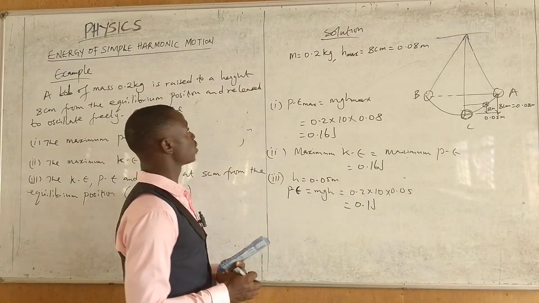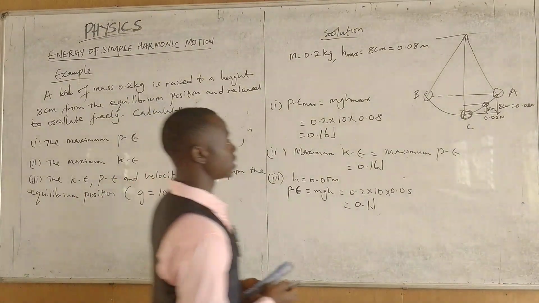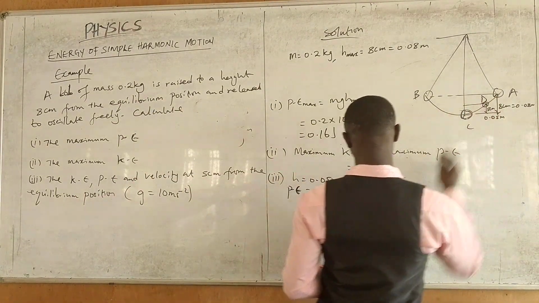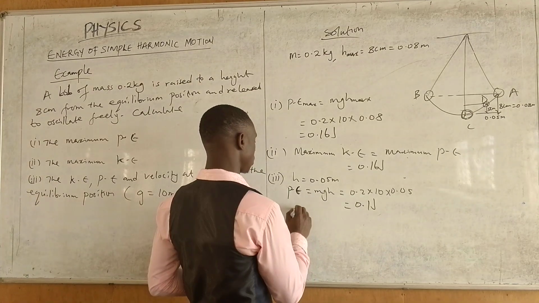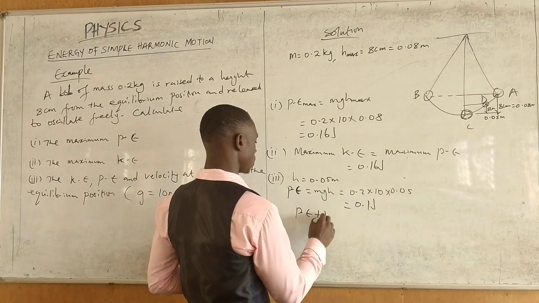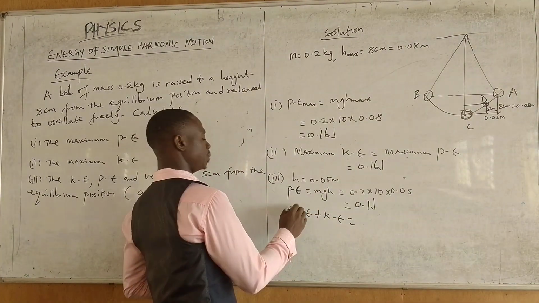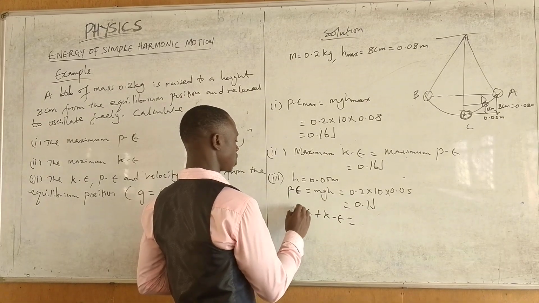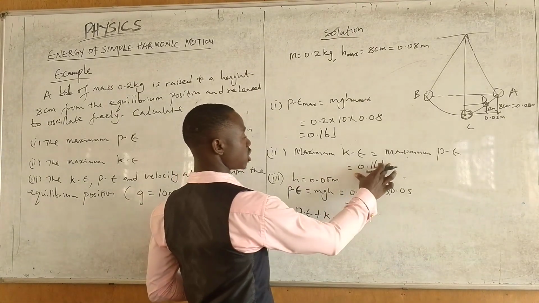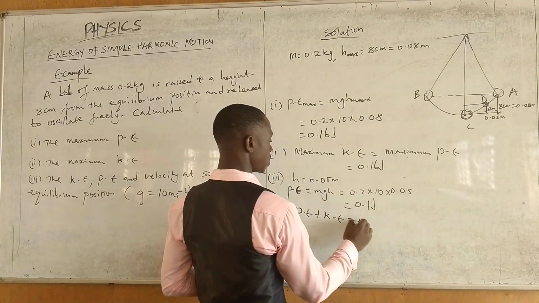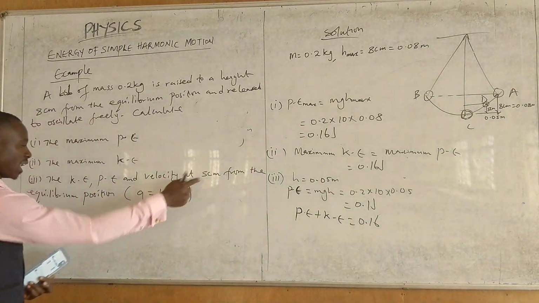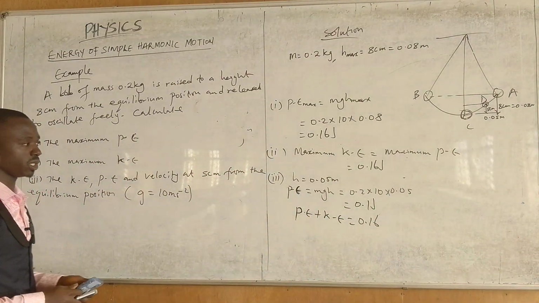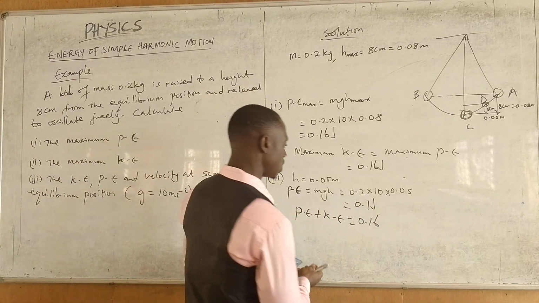So class, what do you think the KE is going to be? Just apply the principle of conservation of energy. Let me call here point D. The total energy here is both potential and kinetic, so PE plus KE gives us the total energy of the system, which is 0.16. We already know the PE at that point, 0.1.